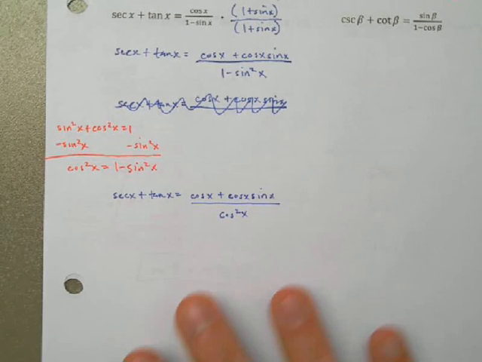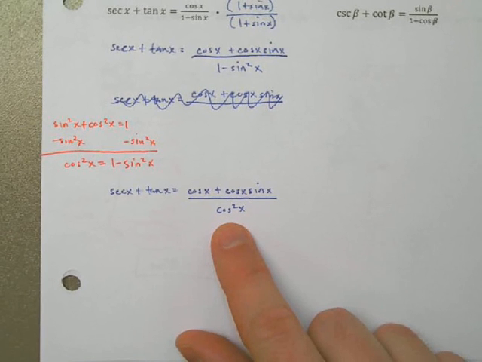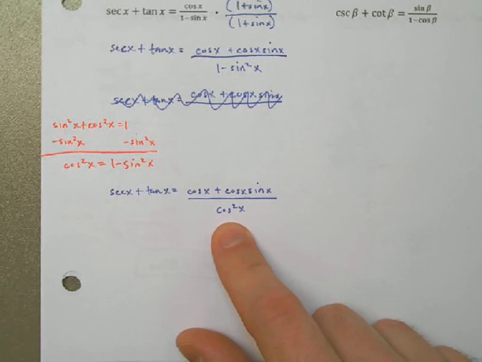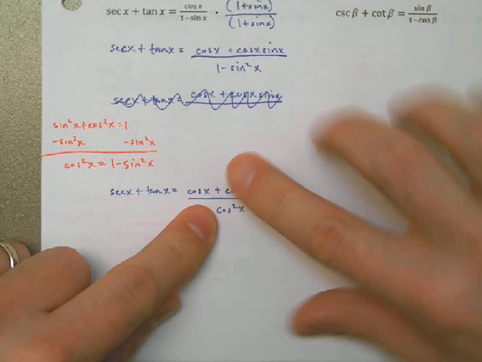If that doesn't make sense to you, how I changed the denominator, you should go through and actually FOIL it out. Just do first, outer, inner, last, right? Okay, so if I have cosecant beta plus cotangent beta, I can now replace 1 minus cosine. I'm going to focus on this.